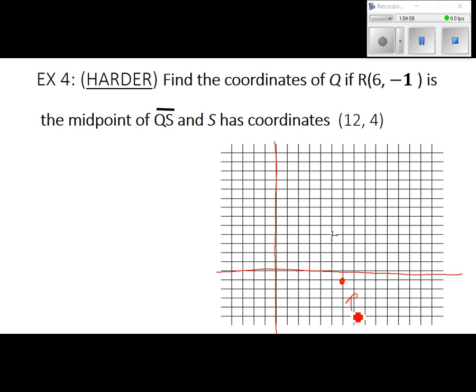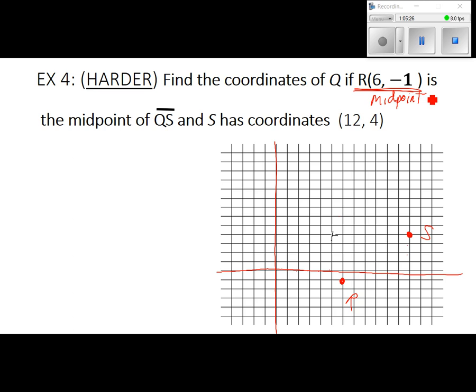That's S. It says find the coordinates of Q if R is the midpoint. So they're giving us the midpoint this time.